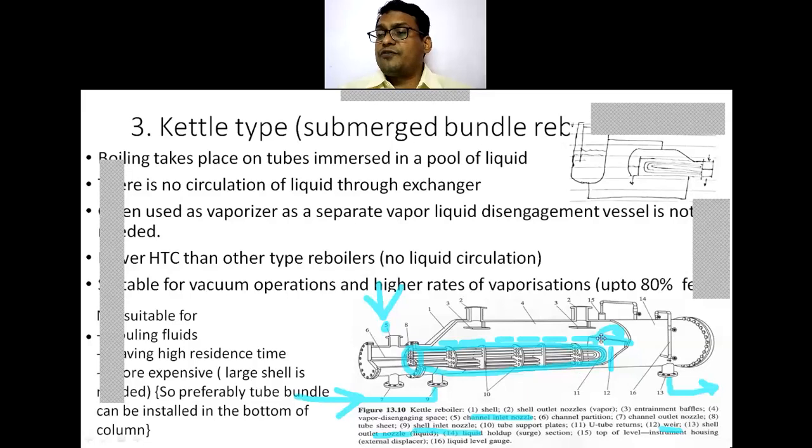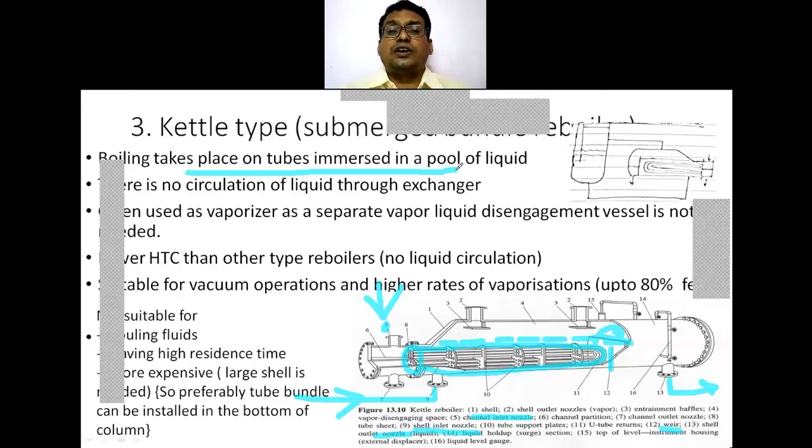So the shell side fluid outlet will move through this nozzle and will be taken out as the bottom product. So boiling takes place on the tubes immersed in a pool of liquid. There is no circulation of liquid through the exchanger, because whatever the excess fluid over the weir is there, that excess fluid is taken out and goes out from the bottom of a distillation column.